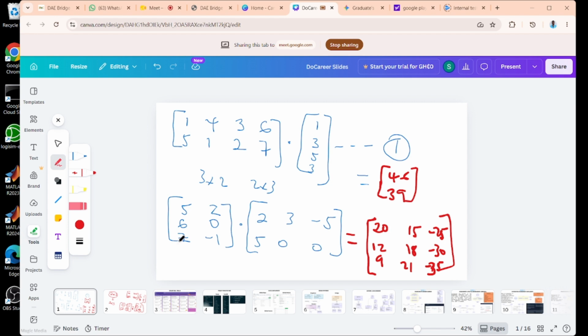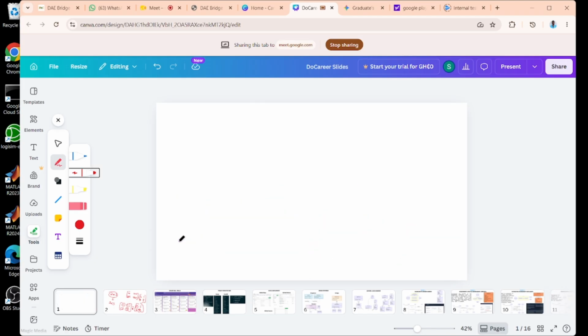So that's the operations on matrices. The next one will be determinants of a matrix. But for determinants, the only thing that we need to worry about is that it should be a square matrix. We only find determinants for square matrices.